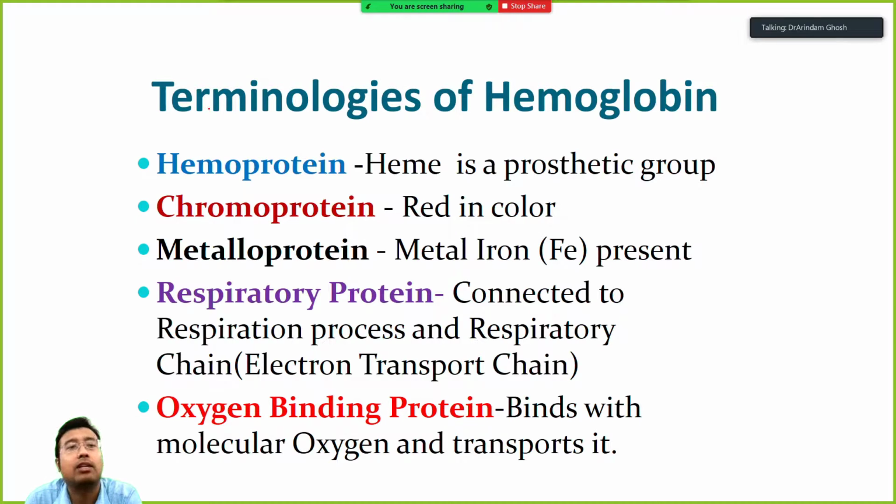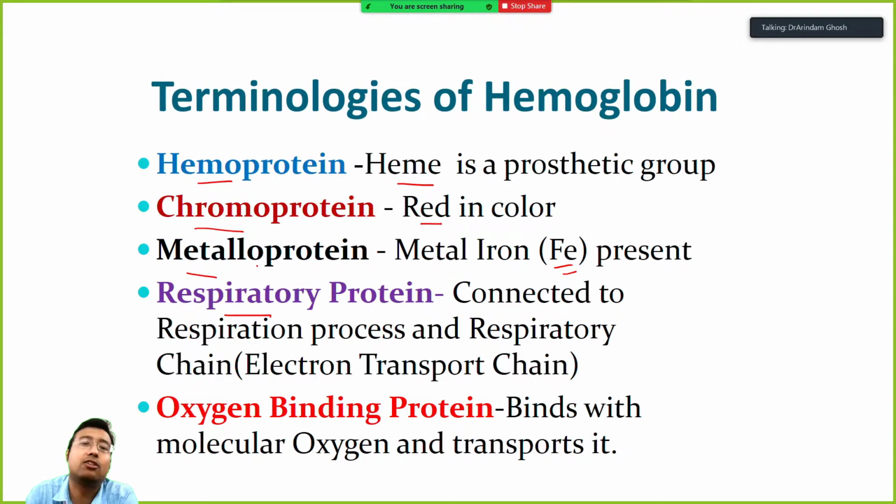Now, there are various terminologies for hemoglobin. Okay, hemoprotein, definitely it is a hemoprotein. I already told you hemoglobin and myoglobin are the more important heme containing proteins, right? So, since heme is a prosthetic group, it is a hemoprotein. It is a chromoprotein. Why? Because it has color. The color is red. Okay. It is a metalloprotein, definitely, since iron is present. Okay. It is a respiratory protein.